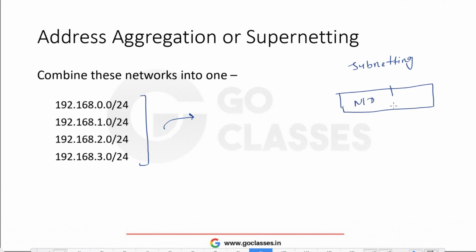It was the network ID, it was the host ID, and then we were dividing this into different subnets. For each subnet, I was borrowing some of the bits from the host ID. So this is the subnet number, and this is the host ID and this is the network ID. After division, there will be an extra field that represents my subnet number. Initially let's suppose this was 24, which means 24 bits are fixed.